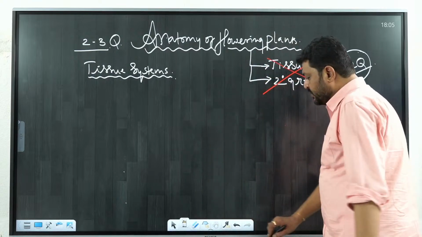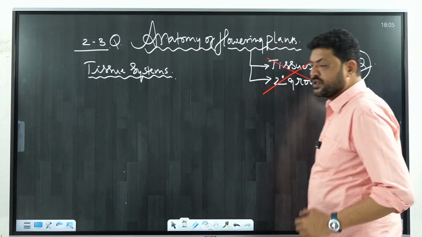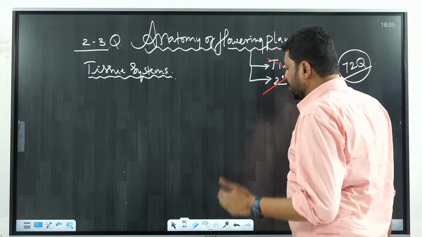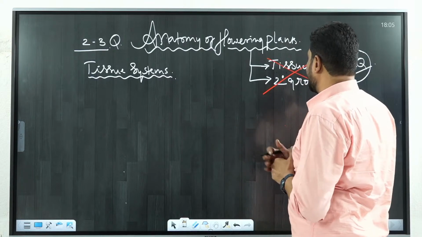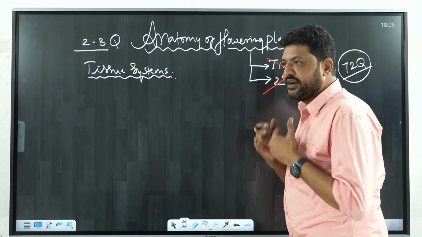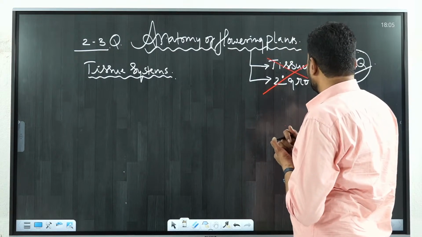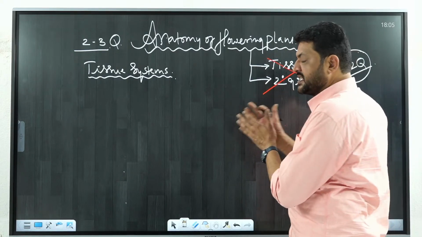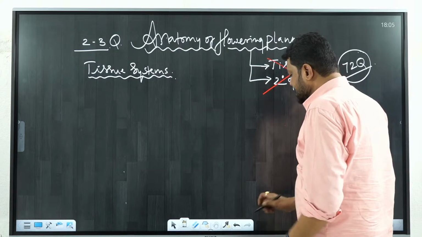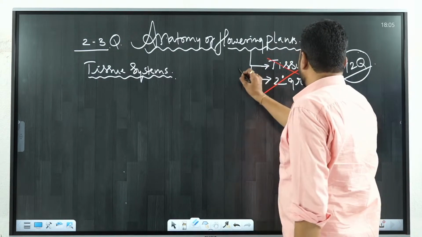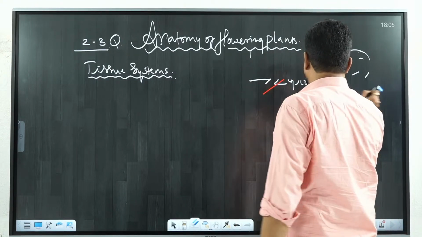Here we have one lesson, that is growth and development. In growth and development, certain things are discussed about differentiation, dedifferentiation and redifferentiation, and the secondary growth part is also discussed in certain places. That is why these two side headings were removed from our lesson.